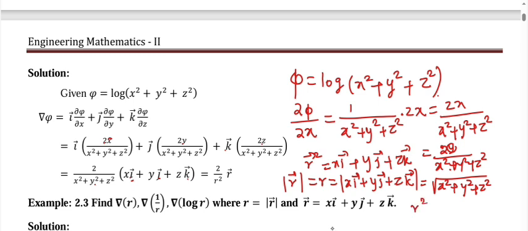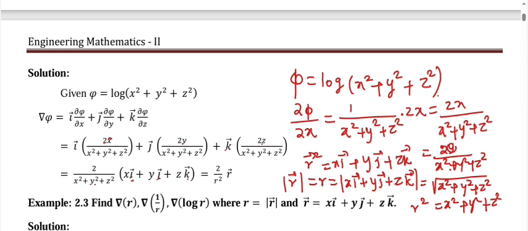From this, r square equals x square plus y square plus z square. So here we have 2 by r square into r vector.